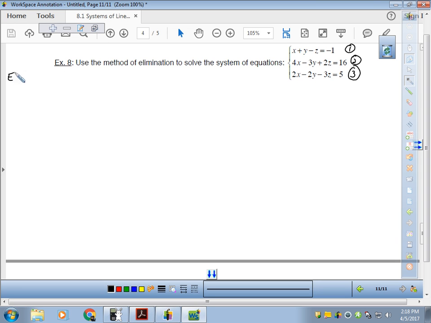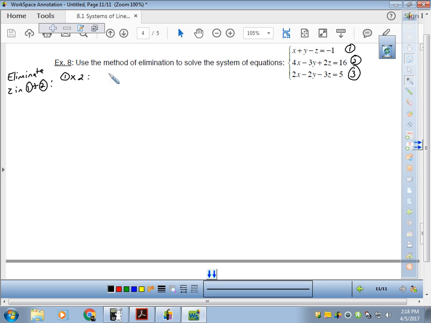So the first thing I'm going to do is eliminate z in 1 and 2. Okay. So to do that, I'm going to take equation number 1 and multiply it by 2.